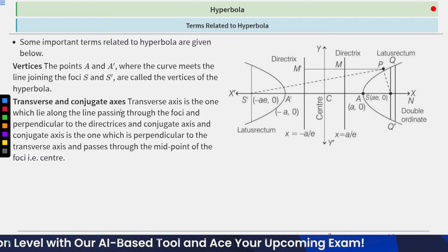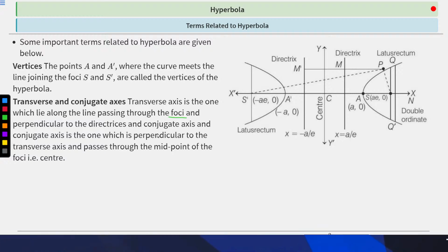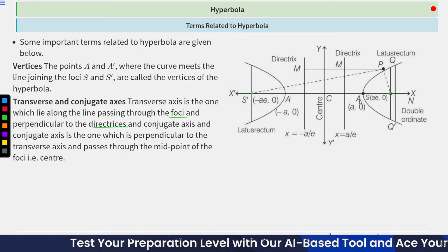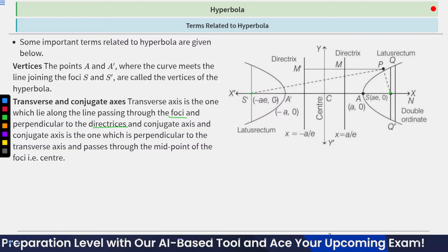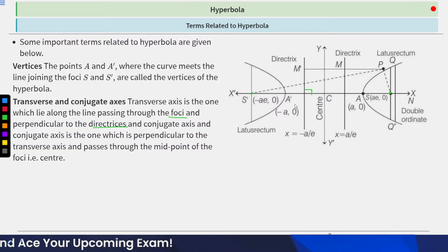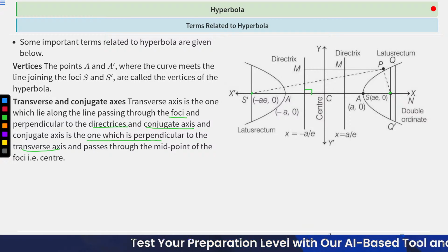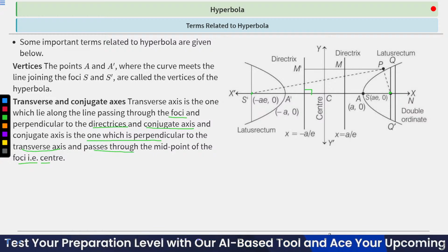Now transverse and conjugate axis. Transverse axis is the one which lies along the line passing through the foci and perpendicular to the directrix. तो आप देख सकते हैं यहाँ पर आपकी फोकी जो ये X X प्राइम जो लाइन है फोकी से पास हो रही है और डायरेक्ट्रिक्स के परपेंडिकुलर है, तो वो आपकी ट्रांसवर्स एक्सिस होती है। And conjugate axis is the one which is perpendicular to the transverse axis and passes through the midpoint of the foci, that is center.